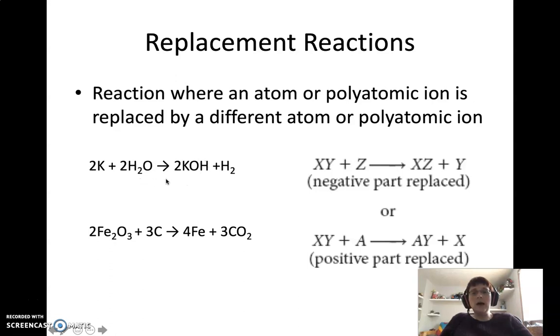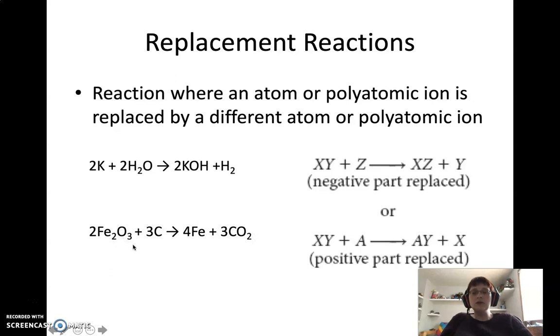So we swap out, we've got potassium swapping places with parts of the water compound. And so it's kicking out the hydrogen, not all the hydrogen, but some of it, so that we can make this new compound.